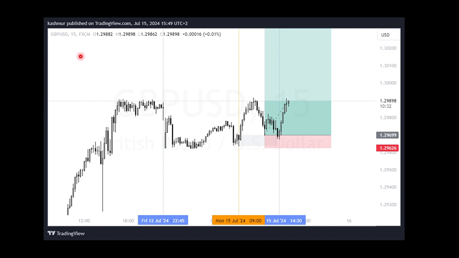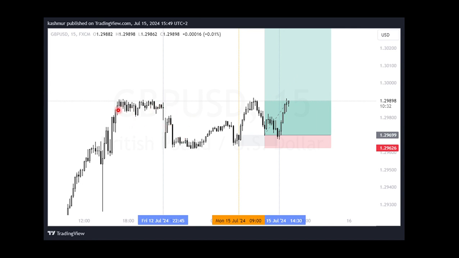This is a chart for GBP USD on the 15-minute time frame. This is the trade that I took on Monday around 12 hours. My anticipation was that price would move up, then retest, come back into a point of interest, and then shoot to the upside. So this is an example of technical analysis.